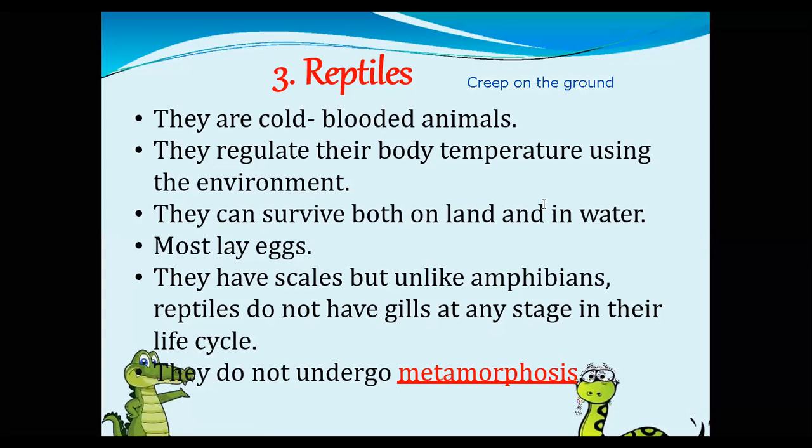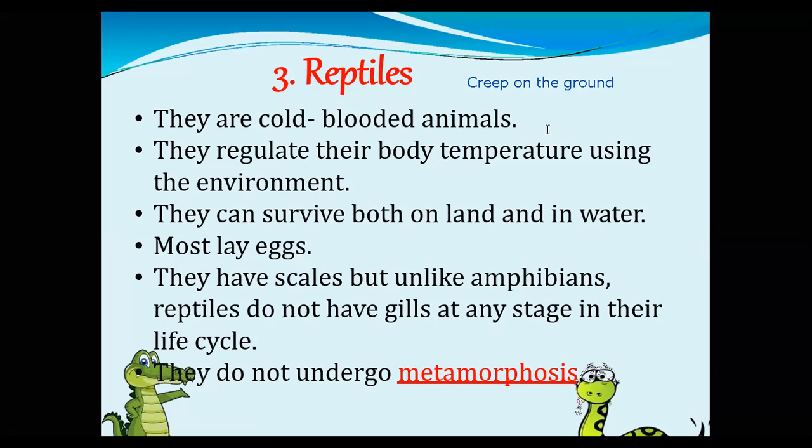They cannot walk. Even though they have legs, they cannot walk easily. They crawl on the ground. They drag their chest on the ground and move. Those types of animals are reptiles or reptilia.